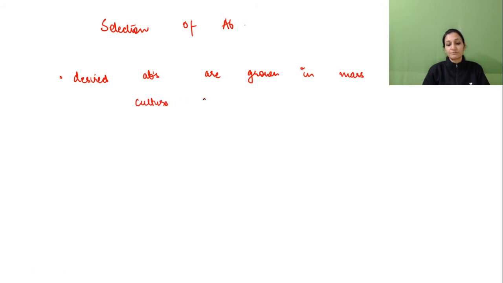Now after that, how are you going to actually select the antibody? Selection of antibodies: desired antibodies are grown in mass culture after getting a positive result.